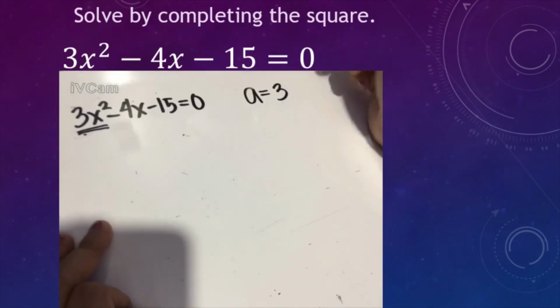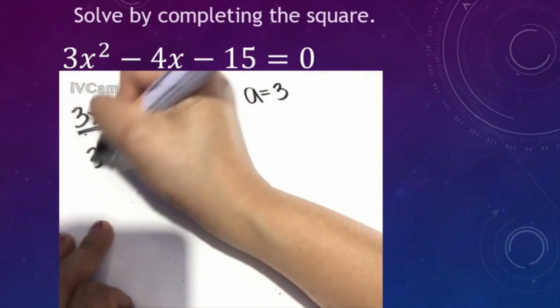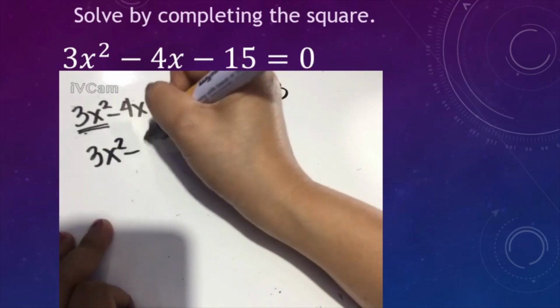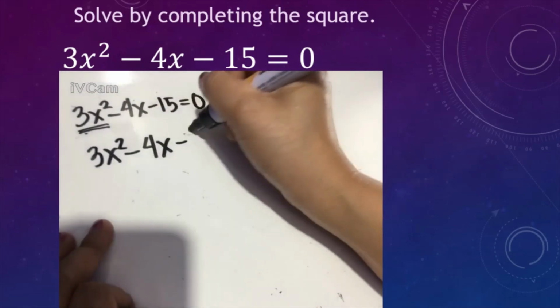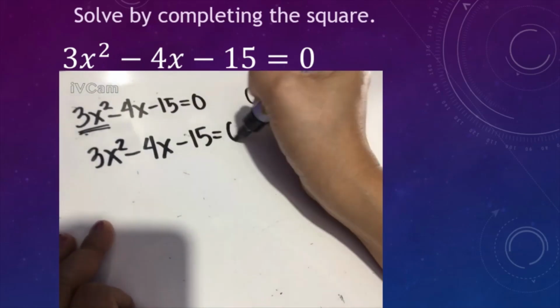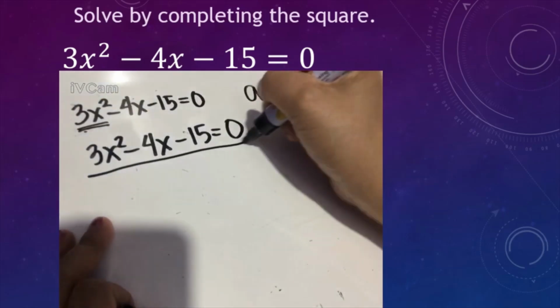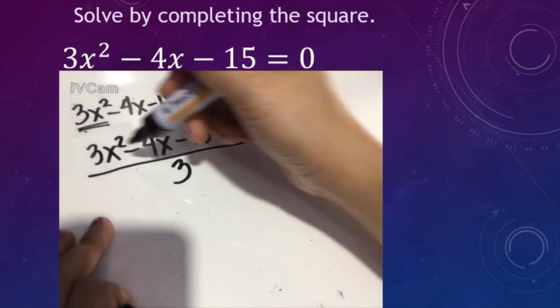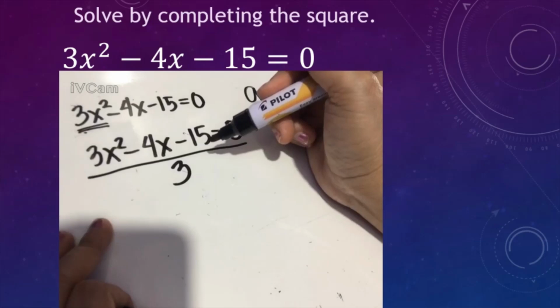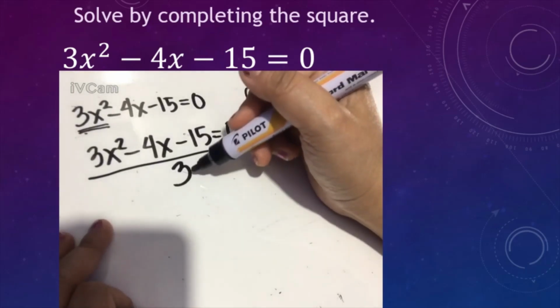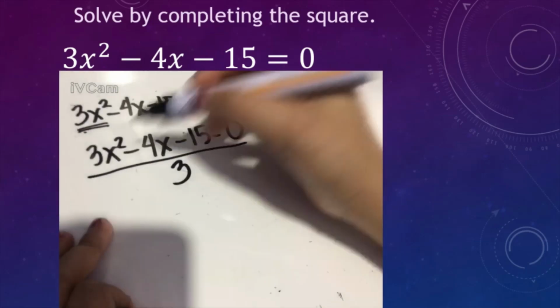So that is our divisor. We're going to divide 3x squared minus 4x minus 15 is equal to 0 all over 3, meaning we will divide each term by 3.